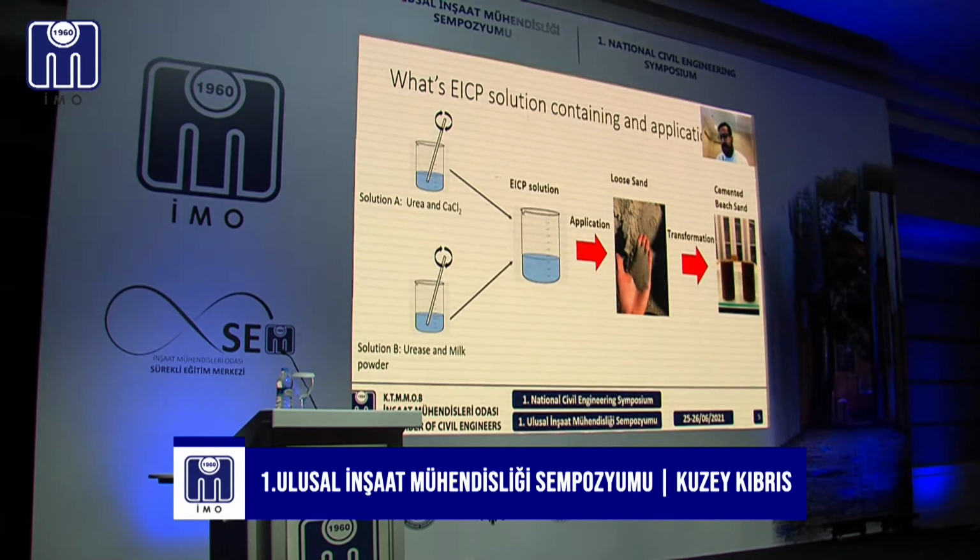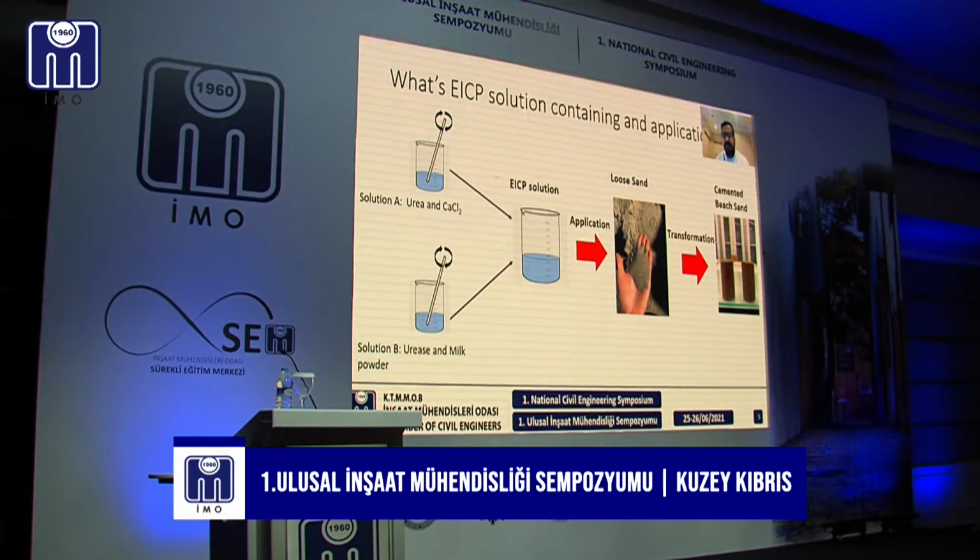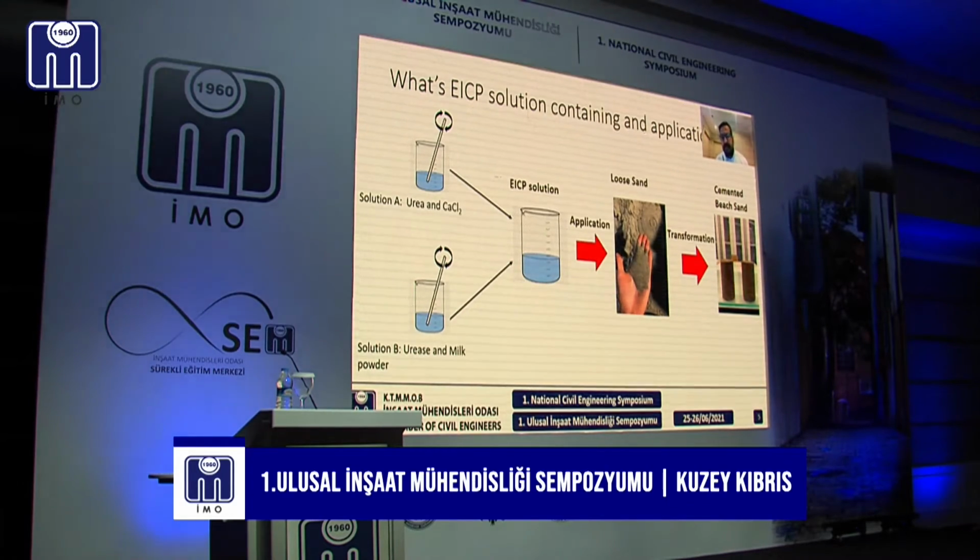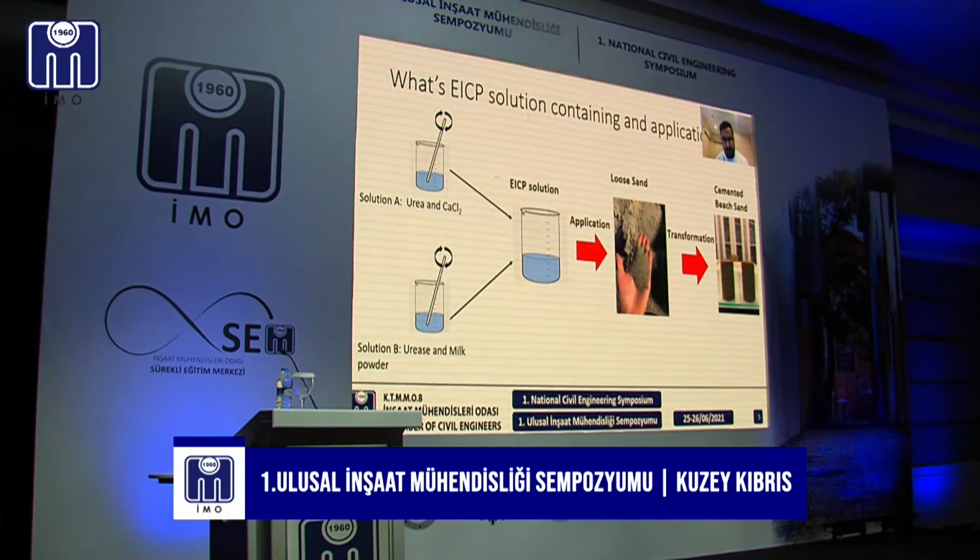We have done a study to measure the effect of adding milk powder. Many studies have reported that it is used as a stabilizer. In our case, we found that after adding the milk powder, we increased the precipitation efficiency by more than 40%.